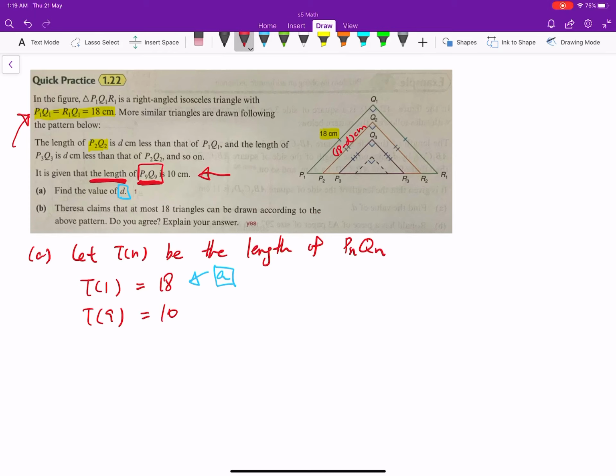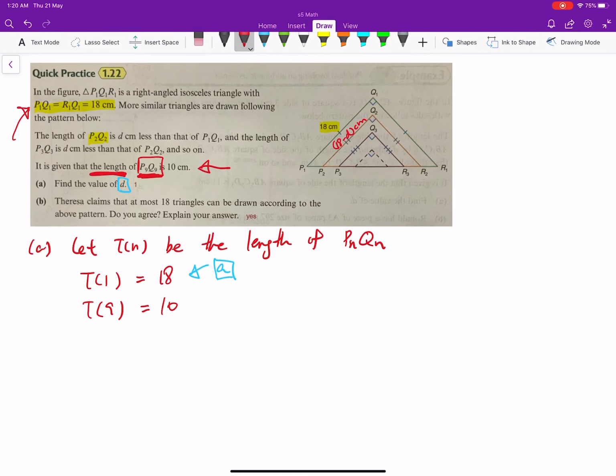Here, we need to look at the common difference first. What is the common difference in this situation? Now, T1 is 18.